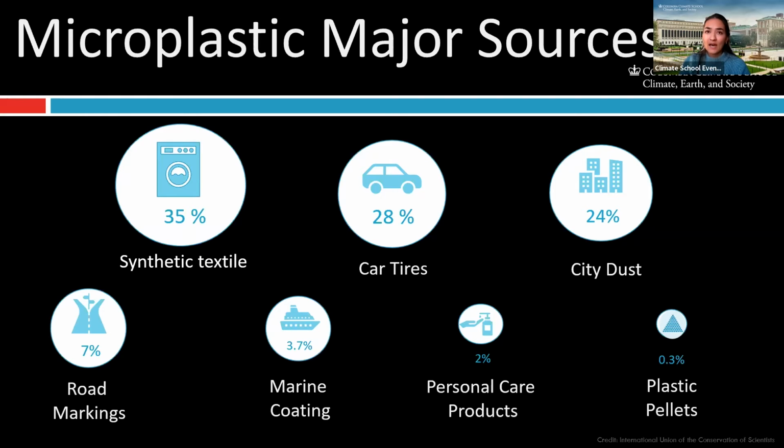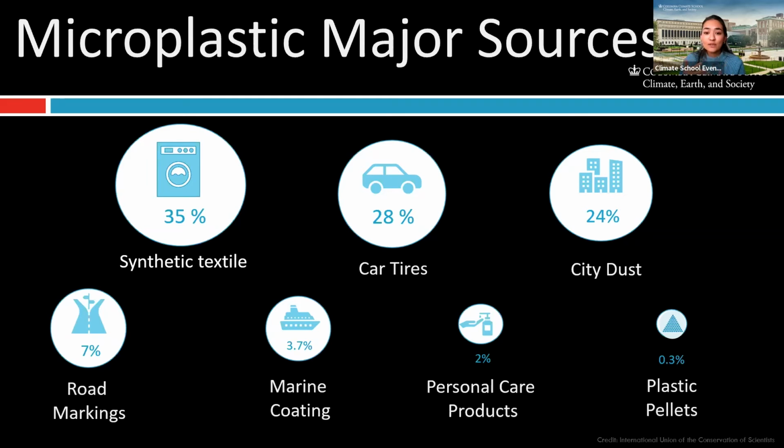If we can create filtration in our washer machines or our dryers to prevent these microfibers from entering the wastewater treatment plant and ultimately our waterways, that would be a great way to prevent these microfibers from entering the environment. The next most popular are from car tires.